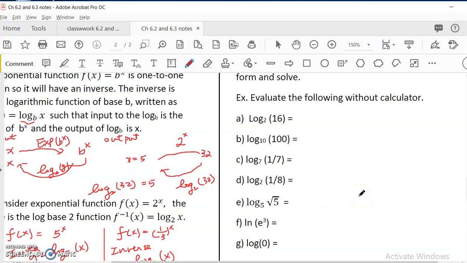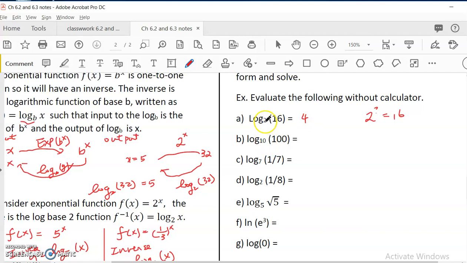So if someone writes an expression log 2 of 16, do you know what it is? So you can think of it as, okay, they are giving the answer, right? So that means 2 to the something is equal to 16. What is this something? So you will say, oh, I know, if I multiply this 4 times, it's 16, so this is equal to 4.